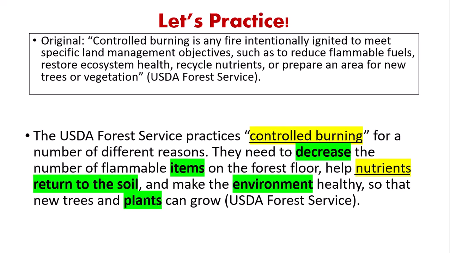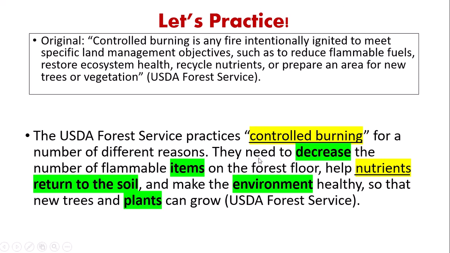So there's the original again, and here's my rewrite. The USDA Forest Service practices, and then I put this in quotes, controlled burning for a number of different reasons. They need to decrease the number of flammable items on the forest floor, help nutrients return to the soil, and make the environment healthy so that new trees and plants can grow.